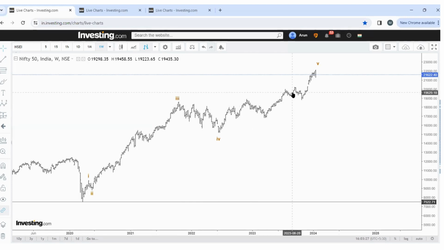And the wave 5, the most important target, is where the endpoint of this impulse wave will be on any time frame. We can calculate it in two to three ways. Calculating from wave 1 at 100%, or wave 4 at 1.618, or calculating the distance from 0 to 3 and projecting a fib number.